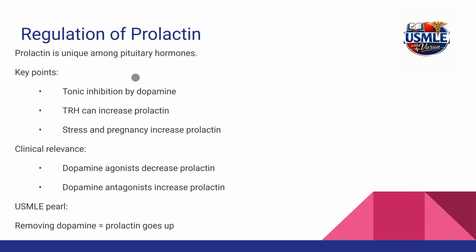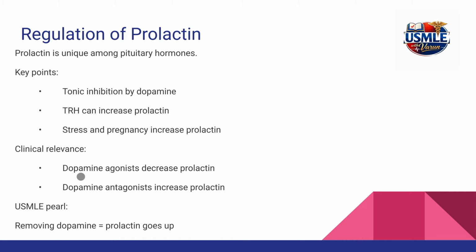Coming to the regulation of prolactin. Prolactin is unique because it is tonically inhibited by dopamine. If dopamine is removed, prolactin levels automatically rise. TRH, thyrotropin releasing hormone, can increase prolactin, and stress and pregnancy can also increase prolactin. Clinically, dopamine agonists decrease prolactin.